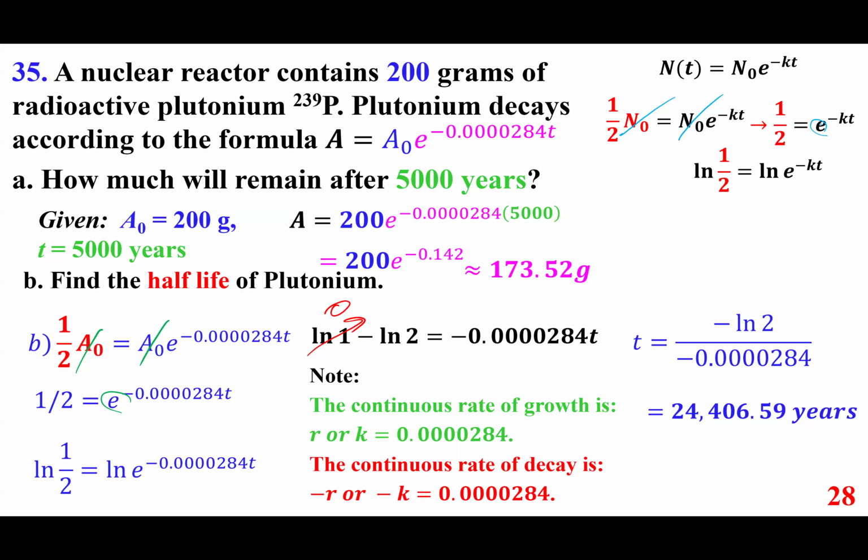The left side becomes ln1, which is 0, minus ln2. The right side becomes just the exponent, minus kt. And t is ln2 over k, or k is ln2 over t, depending upon what they want you to come up with. If t, the half-life, is missing, it's ln 2 over k. If k is missing when the half-life is given, it's ln 2 over t. So it depends on what is given.